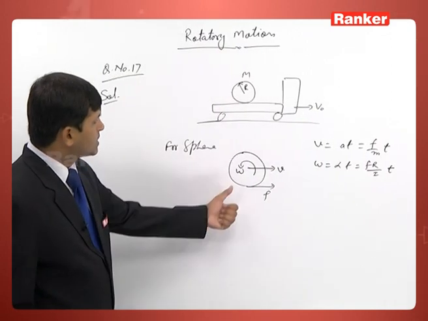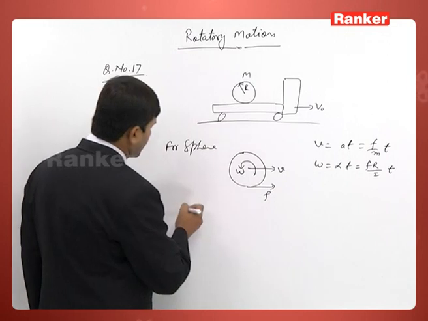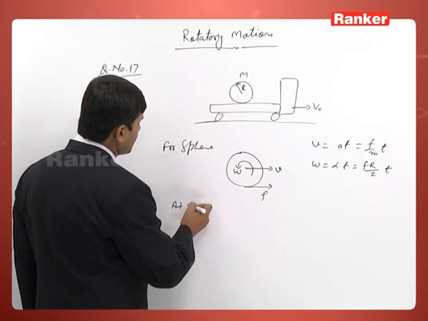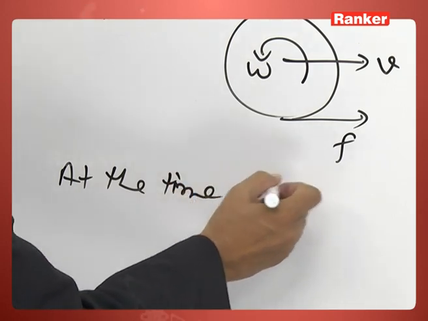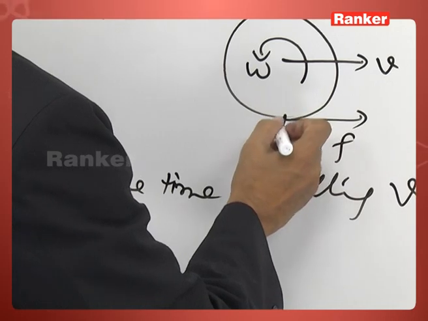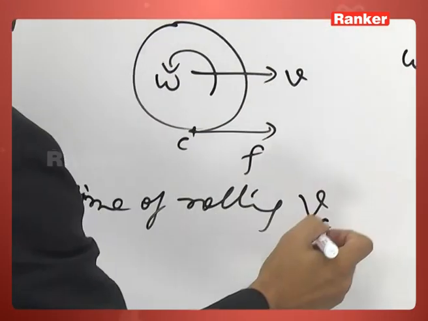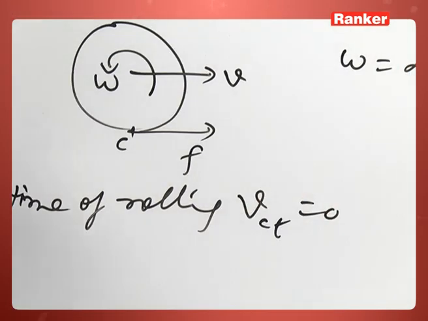Now, when rolling starts, at the time of rolling, the velocity of contact point C with respect to the truck must be 0.